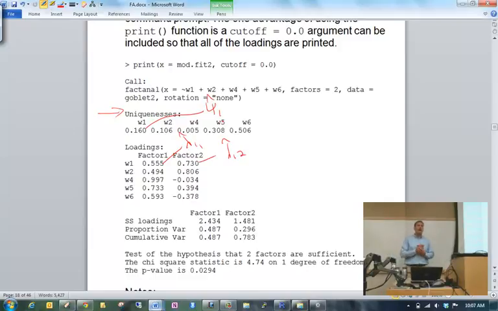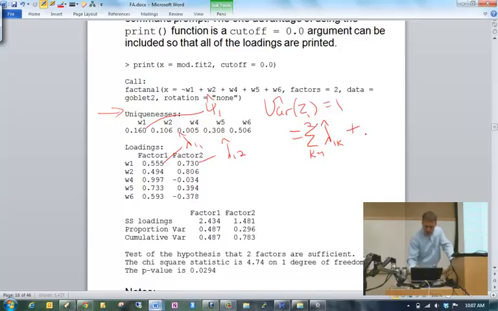Again, we would like these psi hats to be as small as possible. The smaller they are, the more information our common factors are explaining about our original variables. So for example, remember how the estimated variance in this case of Z1, which of course will be 1, is equal to the sum of lambda 1k hat squared, k equal 1 to 2, plus the estimated specific variance, 0.16.